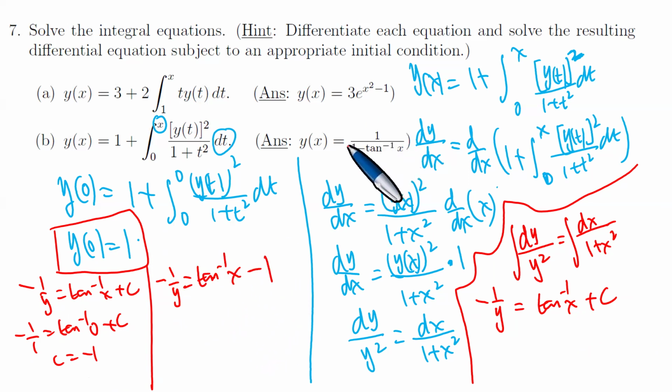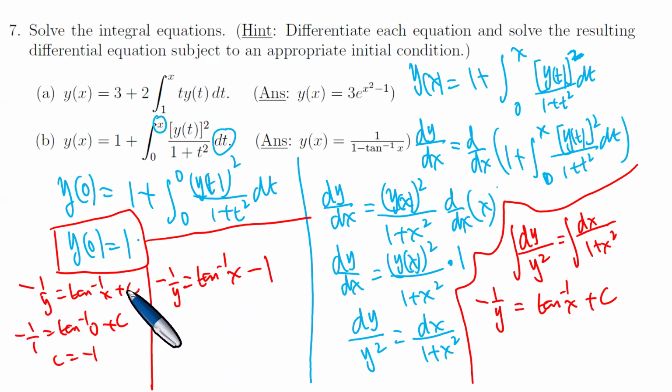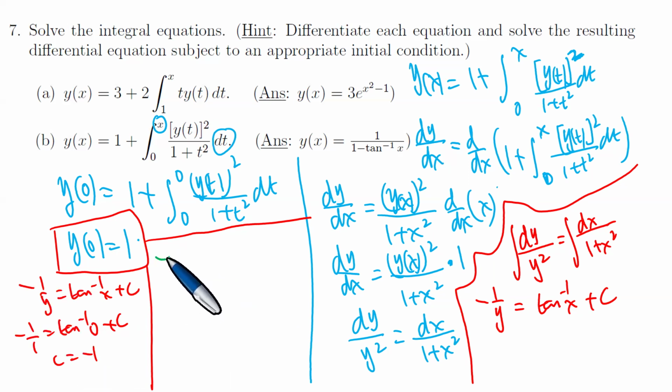So this is going to be the answer, but you just need to make y the subject. In the place of c we put minus 1, and that gives minus 1 over y equals arctan x minus 1.